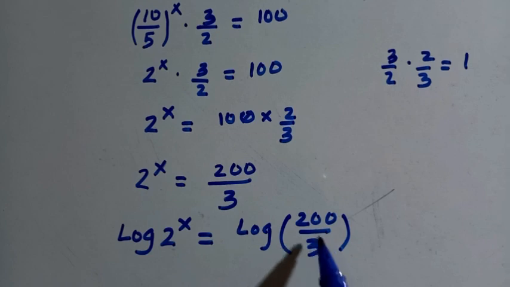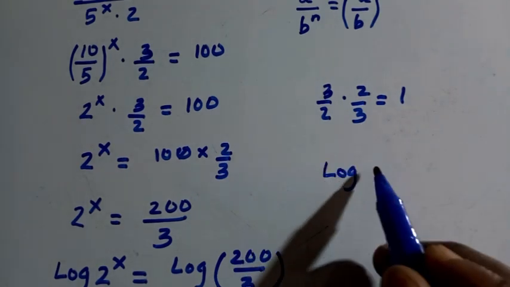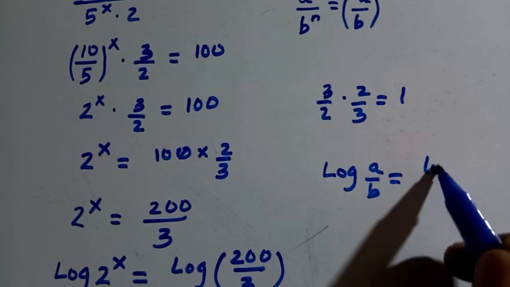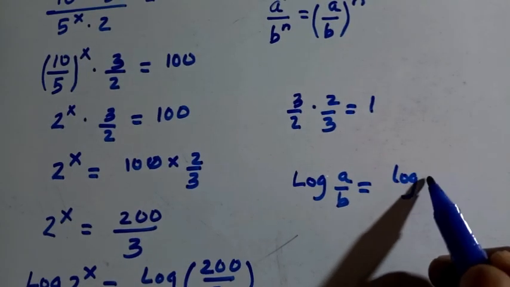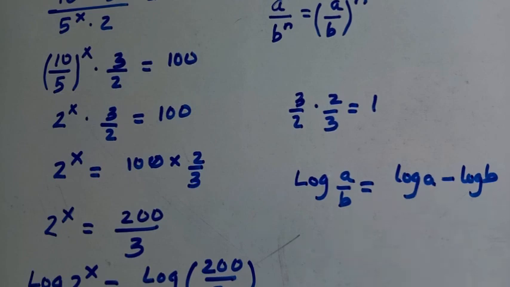And here is the division law of logarithm: when we have the log of a over b, it equals log a minus log b.